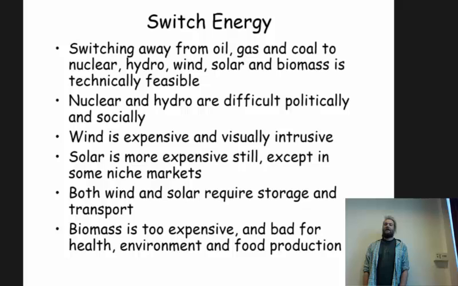The problem there is not the technology. We know how to build nuclear power plants. 400 of them in operation. Same is true for hydro. Lots of them around, and have been around for a long time. We know how to build them.